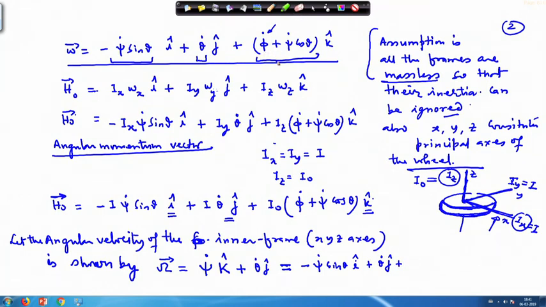So, what will happen in that case? We only need to set this phi to 0 and we recover the things. Here, the rest will be psi dot cos theta times small k cap. Or you just put the capital K here, and this j is as it is. As you put, you will get this part, and it is directly visible from this equation also. So, this is your capital omega vector, which is the angular velocity of the frame.